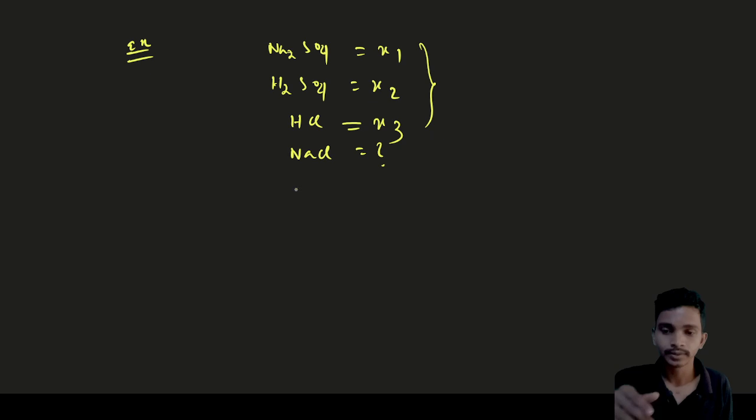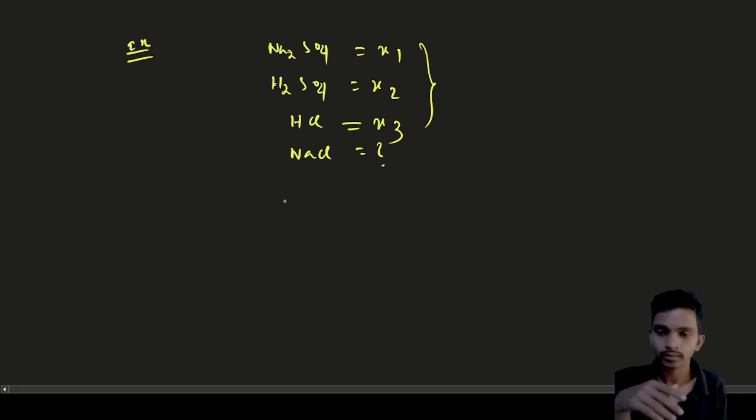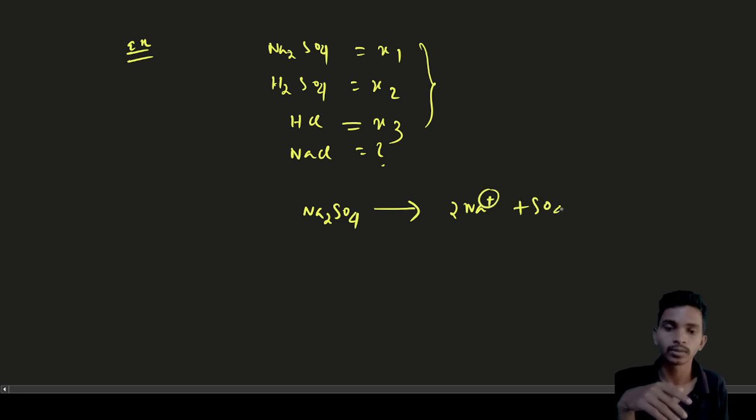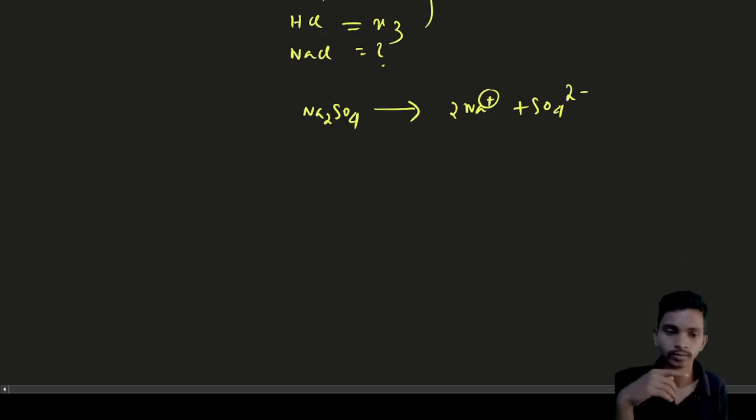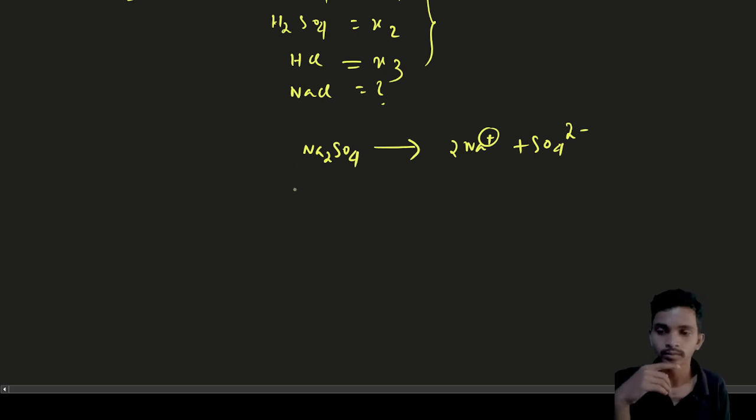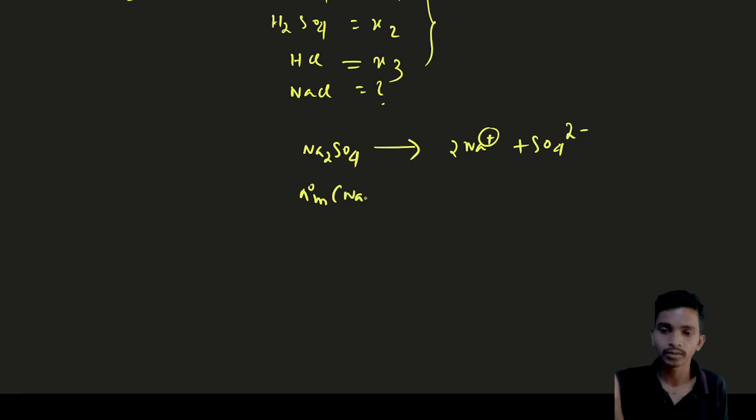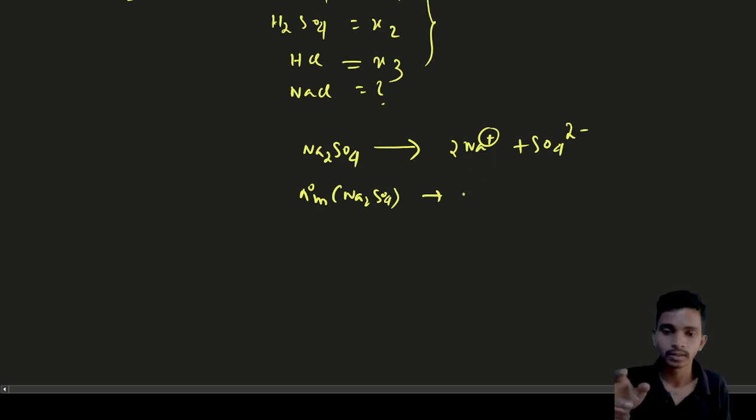So let's write this. Na2SO4 will dissociate into 2Na plus and SO4 2 minus. So for Na2SO4, for the ions I have to write this symbol, with the 2.